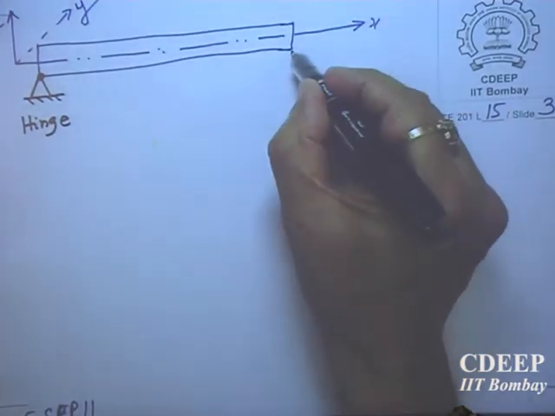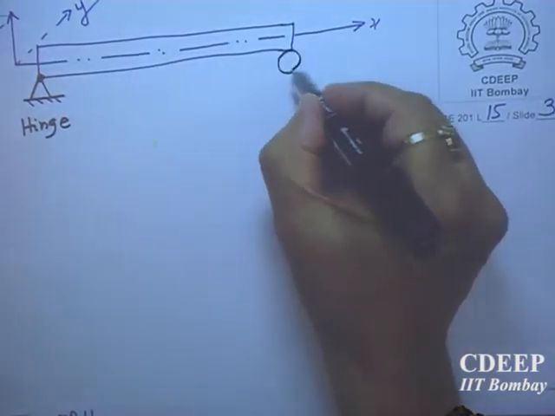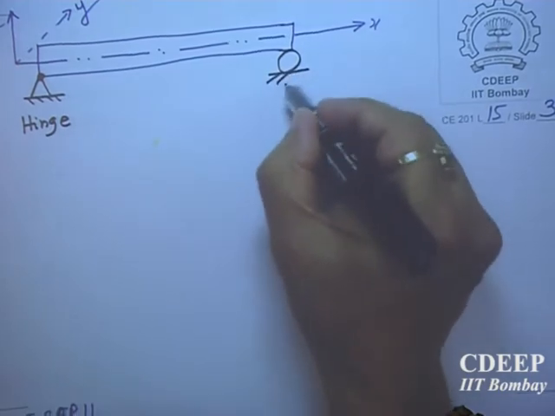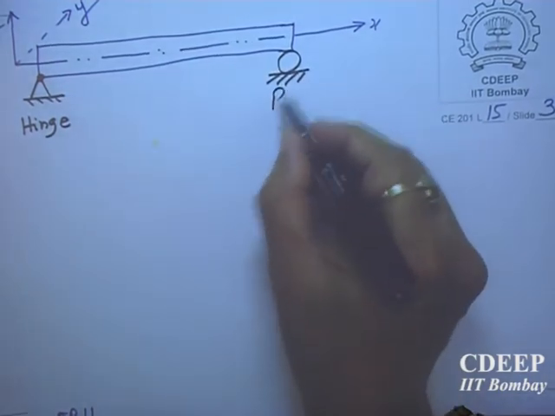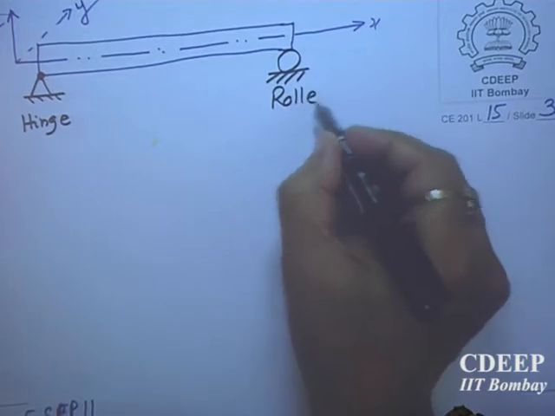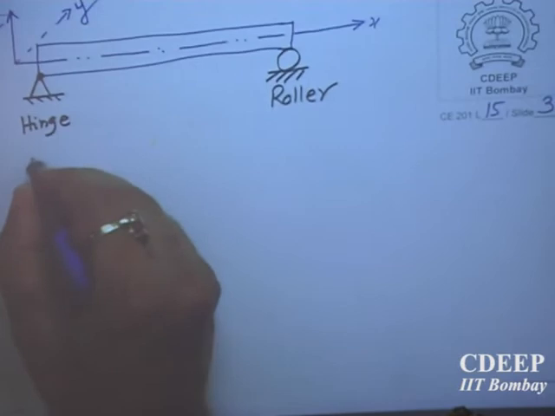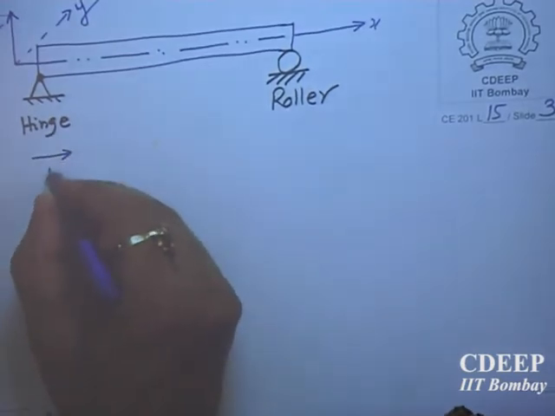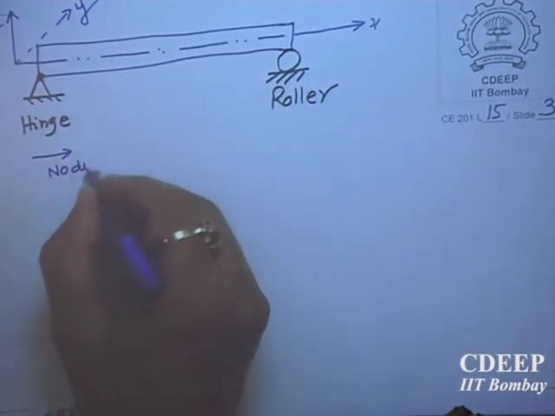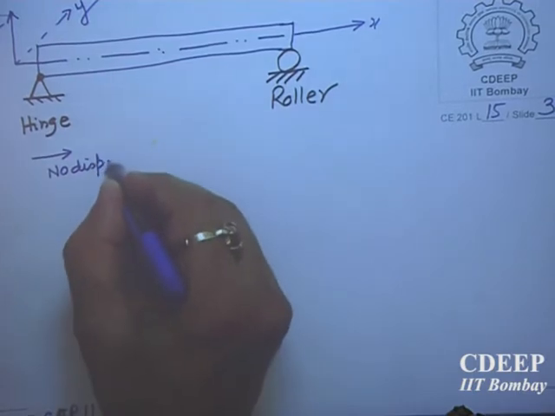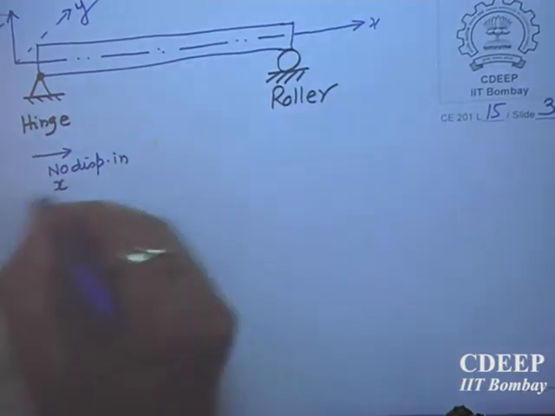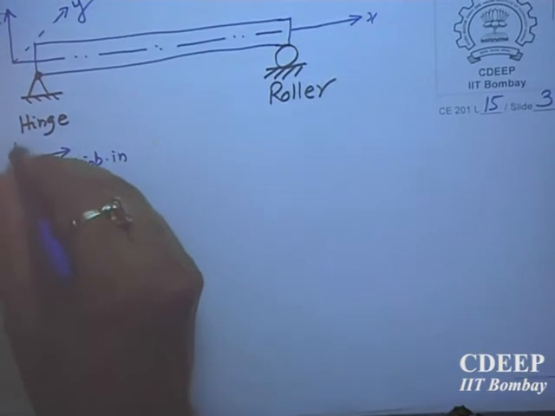At the other end, we provide a roller. This is called a roller. This is the minimum. So here the property is this: no displacement in x, no displacement in y, z.